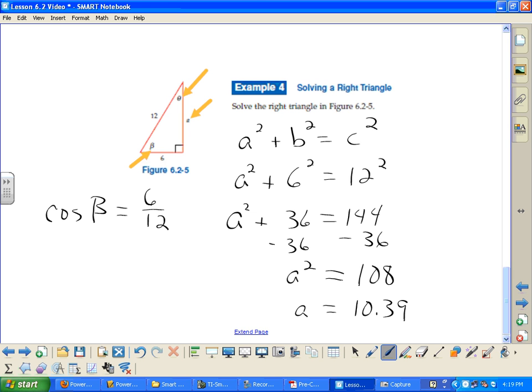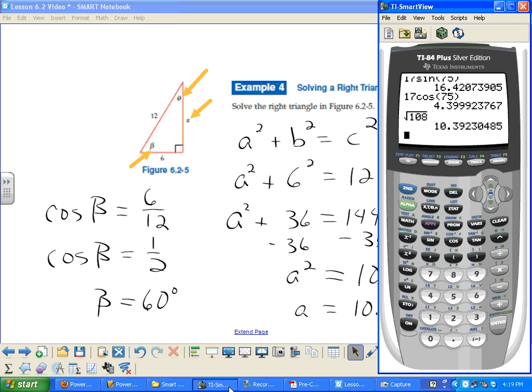And if you remember from our work in the last lesson, that if I have 6 over 12, that's 1/2. And we learned that cosine equals 1/2 at 60 degrees. So angle beta would be 60 degrees. And we can prove that. We'll go to our calculator and we'll do the inverse cosine of 0.5 or 1/2, and that equals 60 degrees.